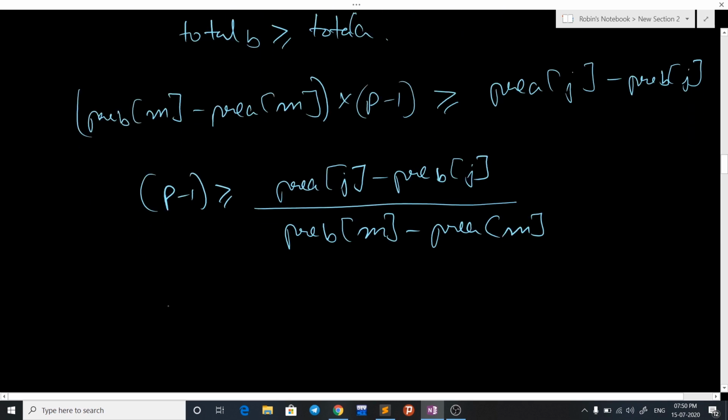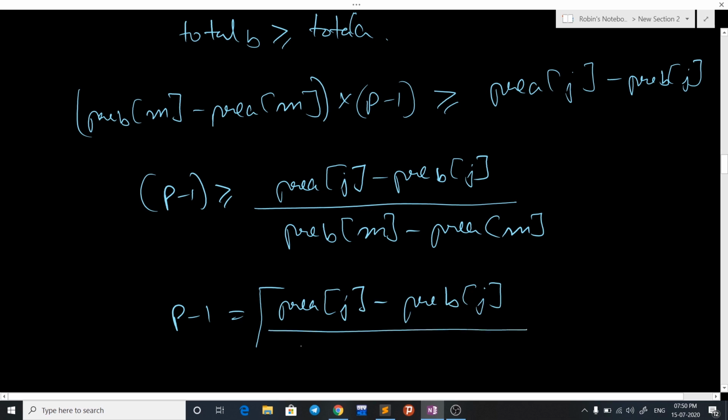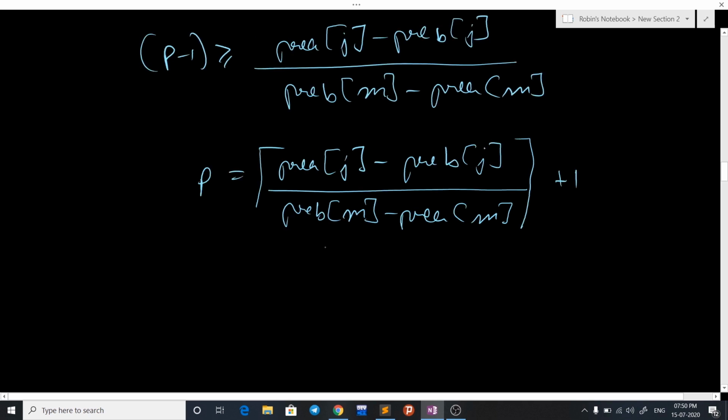And for equality I can take the upper bound here, so that will be pre-a of j minus pre-b of j divided by pre-b of m minus pre-a of m, and this one will come to the right hand side. So this is our p in the third case.